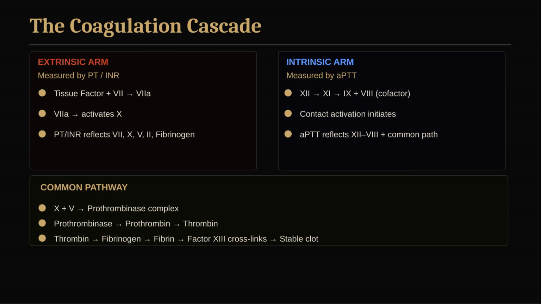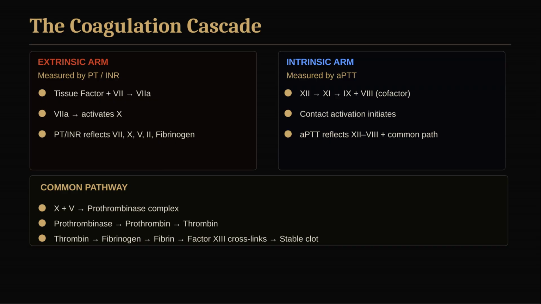The cascade has 2 arms. The extrinsic arm, measured by the PT and INR, is initiated by tissue factor and factor 7. The intrinsic arm, measured by the aPTT, begins with contact activation through 12, then 11, then 9 with 8 as cofactor. Both arms feed into factor 10.